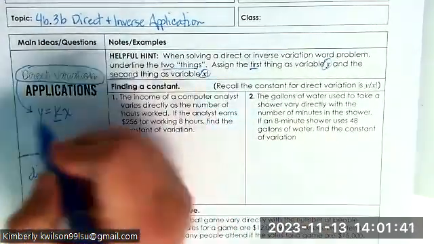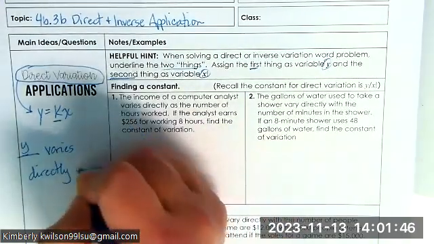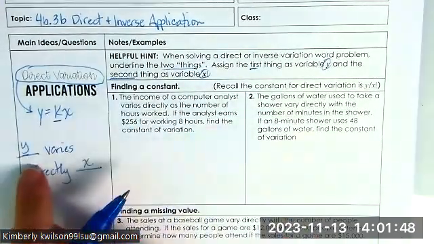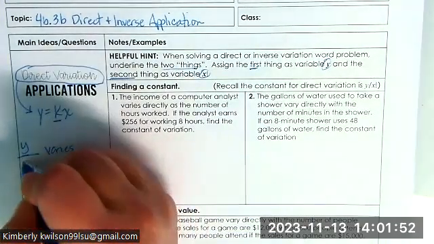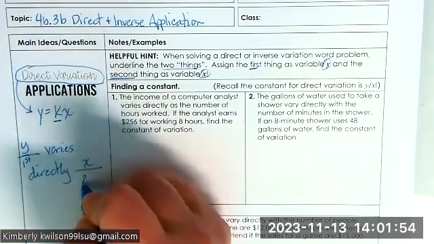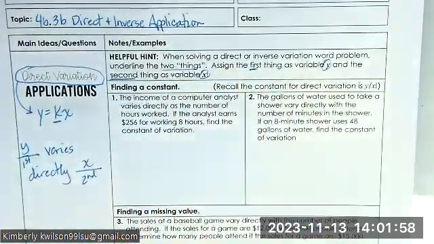Whatever's in front is always the y. Whatever's behind the words is your x. So whatever comes first is y, second is x.